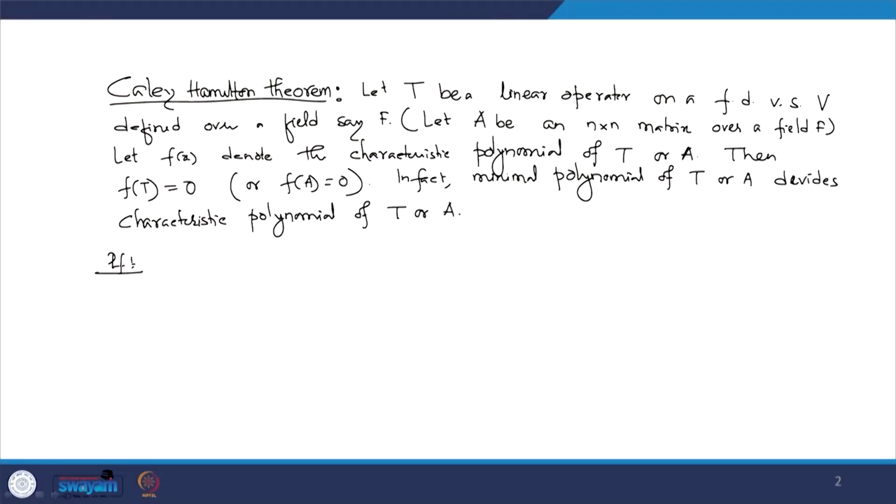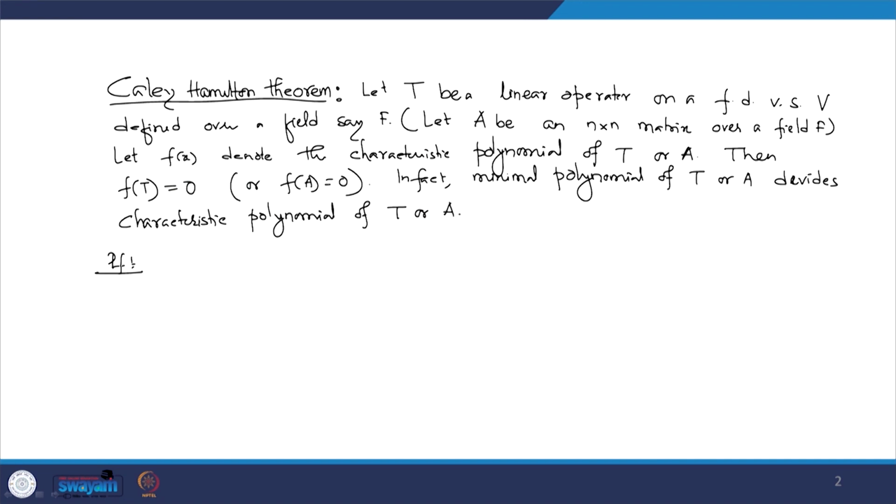According to the definition of the minimal and characteristic polynomials, the minimal polynomial is the least degree monic generator of the ideal of all the polynomials from F[x] which annihilate the operator T or matrix A. Since f is also annihilating, f will be a multiple of p. So, that is why I am saying that the minimal polynomial divides the characteristic polynomial of T or A. There are different ways one can prove this result.